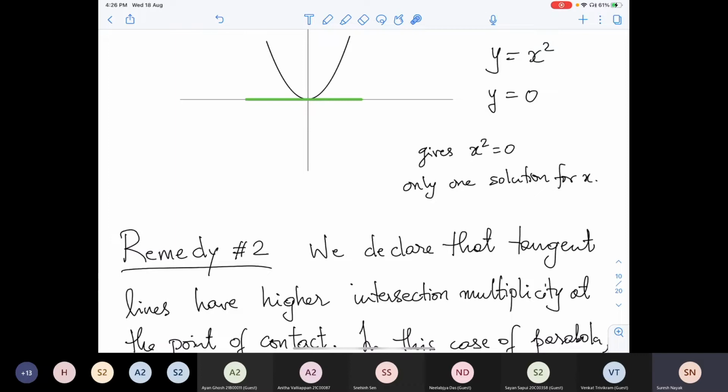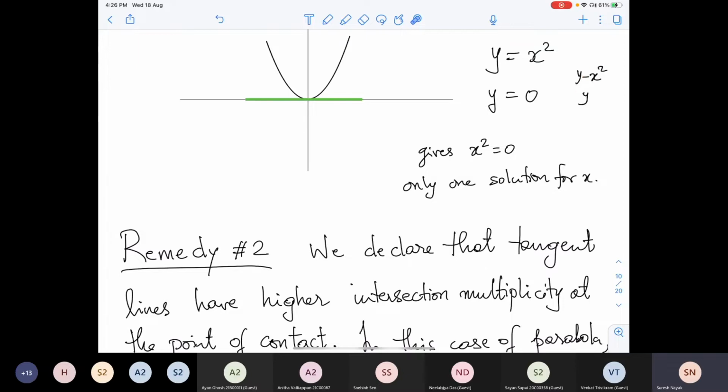Here the equations are y minus x square and y. Let me write. So y minus x square and y. These are your two equations. The idea is to look at these two equations and all possible combinations of them. You are allowed to multiply. This polynomial is anyway going to be 0 on the parabola, and this y is going to be 0 on the line. So both of these are 0 on the intersection points also, and any multiple of this will also be 0.